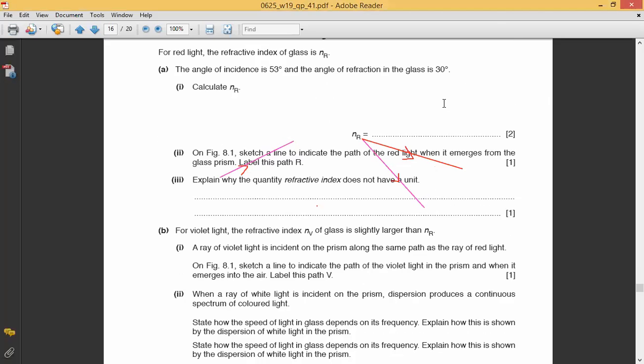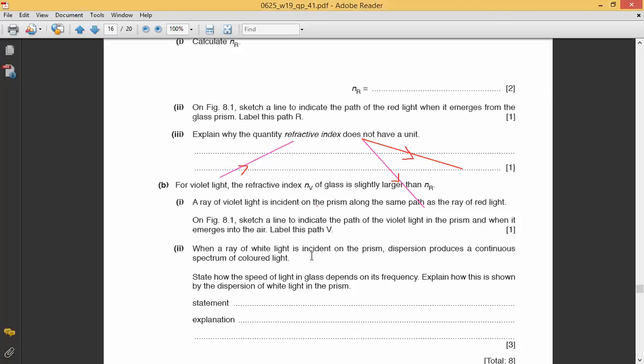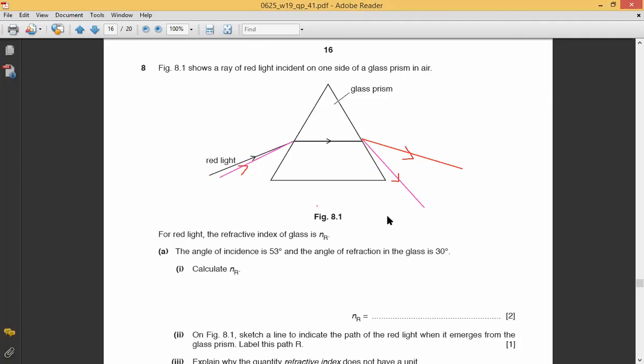Aren't you supposed to draw the light inside the prism? No, inside, the violet light. This is indicated red. Okay, I think I get what you're saying now. Meaning we should do this again for violet, the same thing.